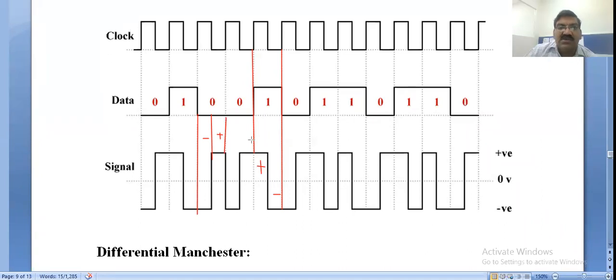This is what Manchester coding is. How this Manchester is practically used, and why, we will see.